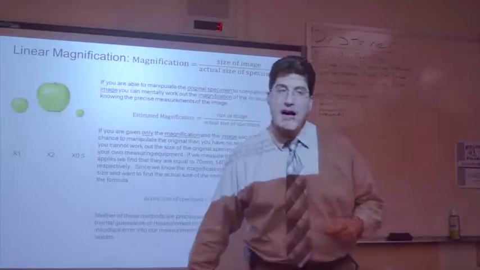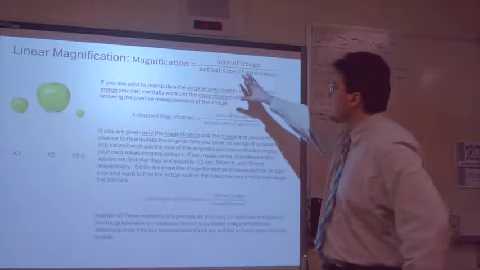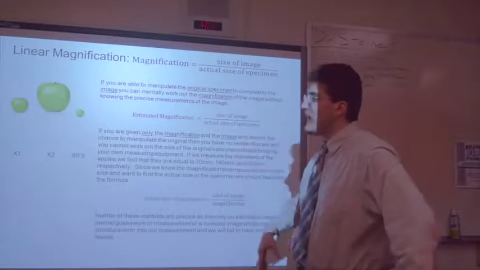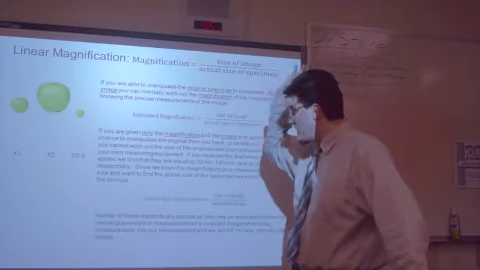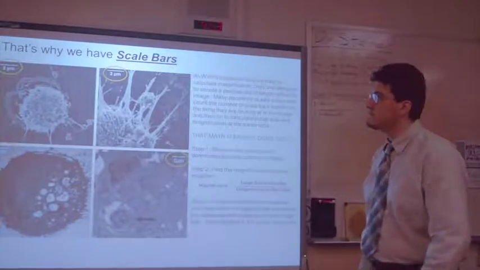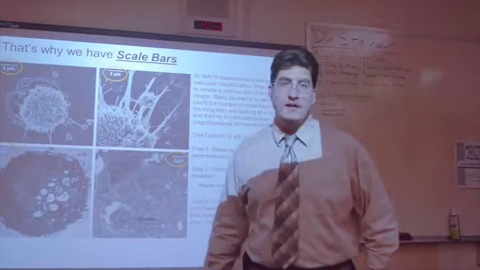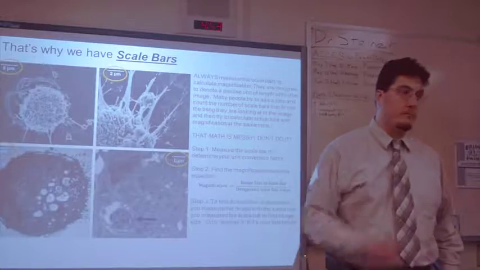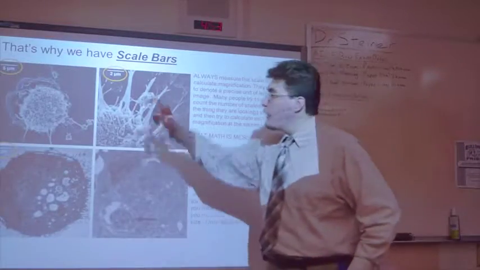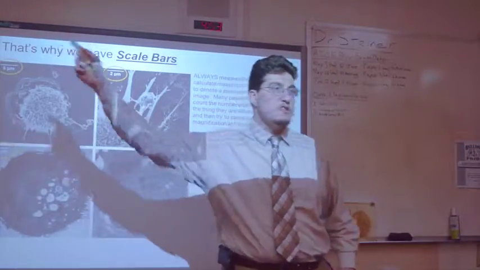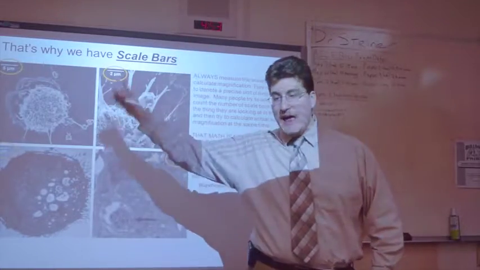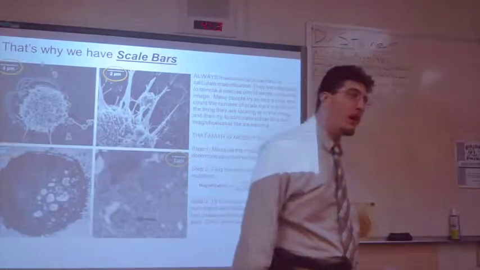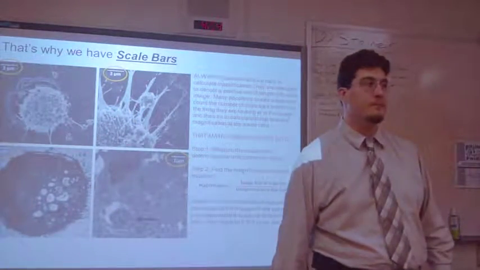Now, linear magnification is what I talked about before. It's the magnification equation again. So we're not going to go over it. We've already done it. Scale bars again. I've already gone over it with examples. When you see a scale bar, you measure the scale bar. If you measure anything other than the scale bar, you've wasted your time.